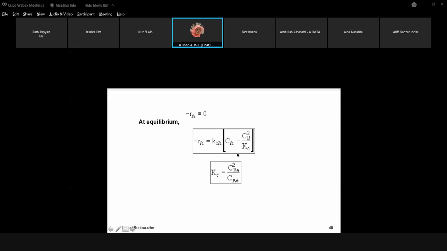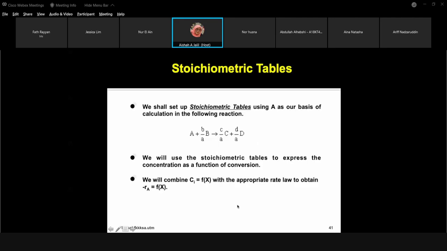That's why KC equals CB to the power of 2 over CA, at equilibrium, okay? This is the important part of the stoichiometric table.